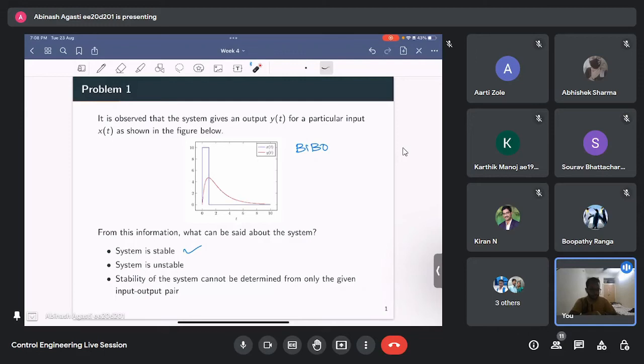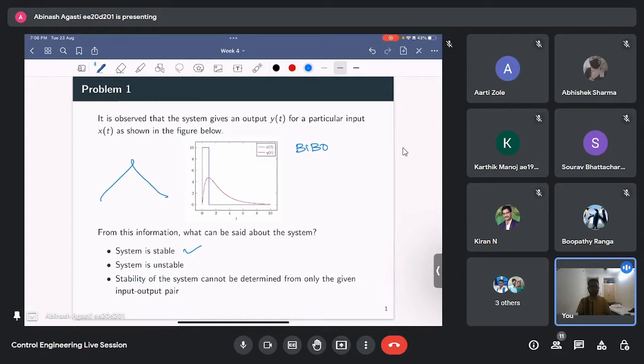But that does not guarantee that given any sort of bounded input, my system will give me a bounded output. Like it may happen that for this system, I have an input of this form, a triangular wave, and for that the output blows up at some point.